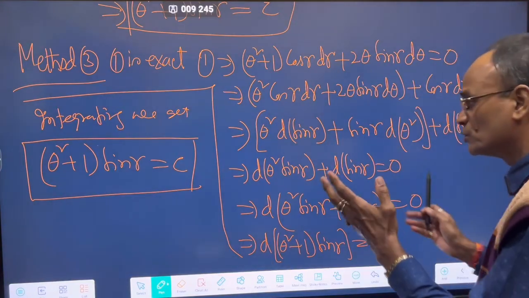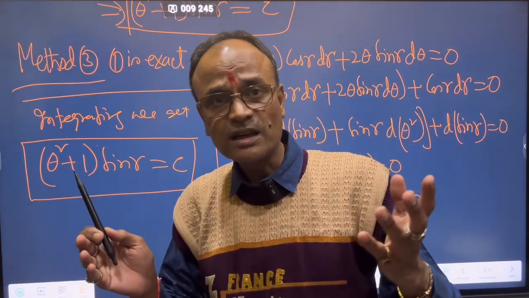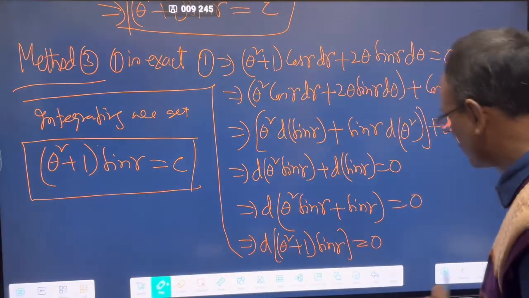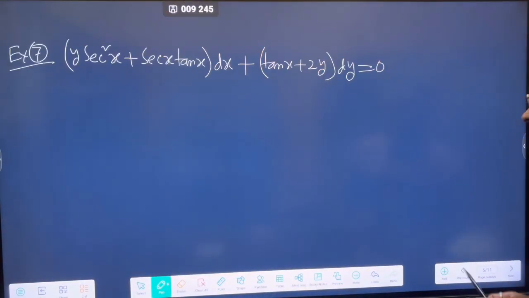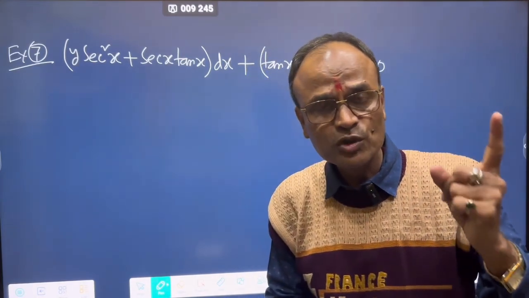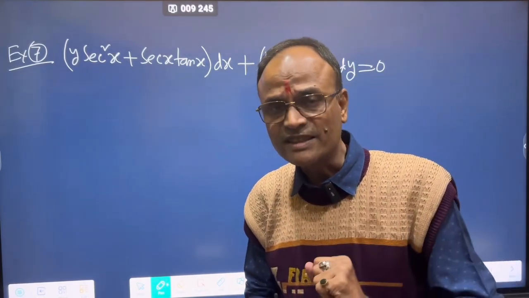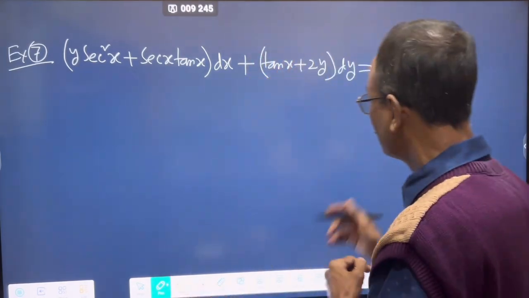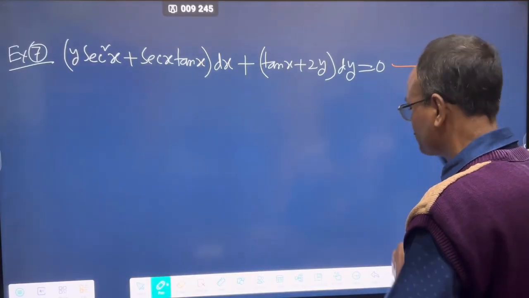Let us come to solve equation number 7. We have solved equation number 5 and equation number 6. Here it is 7. Suppose this is number 1.